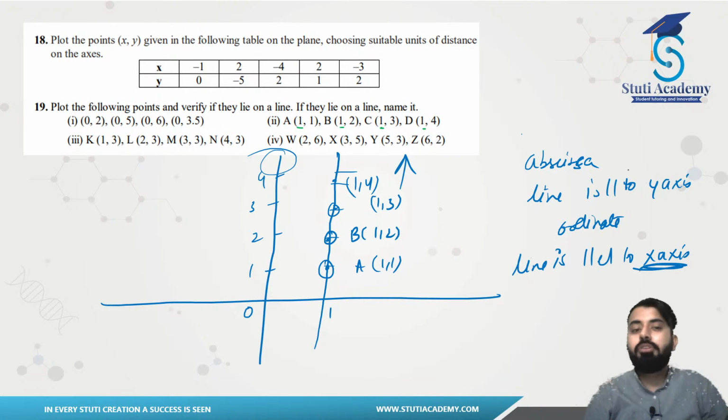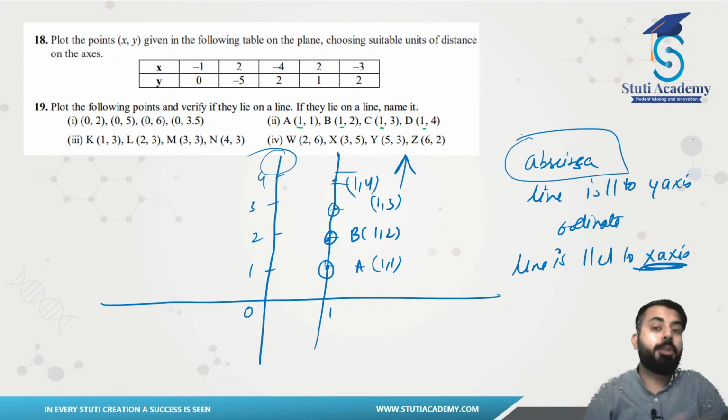Questions can be asked on this just for 1 mark or 2 marks if you just want to check your knowledge. So remember, abscissa is same, line is parallel to y-axis. If ordinate is same, then line will be parallel to x-axis. In the case of same abscissa, line will be vertical. In the case of same ordinate, line will be horizontal. So that is the point right here. You can just verify this one.